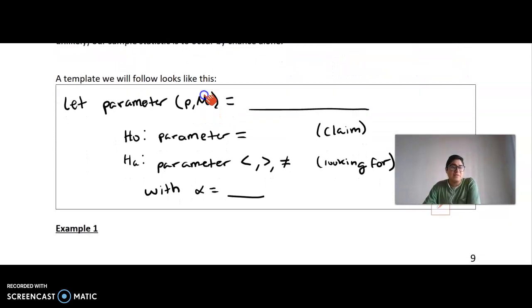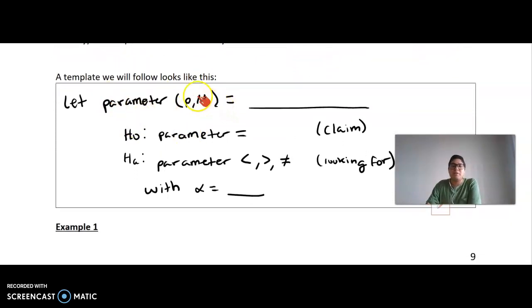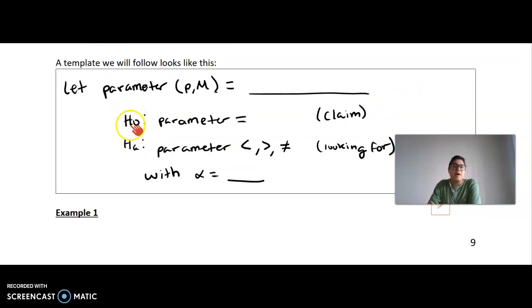Now, we're going to use a template every time we do this. We're going to define the parameter. So p if we're using proportions, and mu if we're using means. So we're going to say let p equal the true proportion of blah, blah, blah. Let mu equal the true mean of blah, blah, blah. Similar to what we've done in confidence intervals so far. Now, our null hypothesis, the H0, is going to be the parameter equals blank. This is the initial claim.